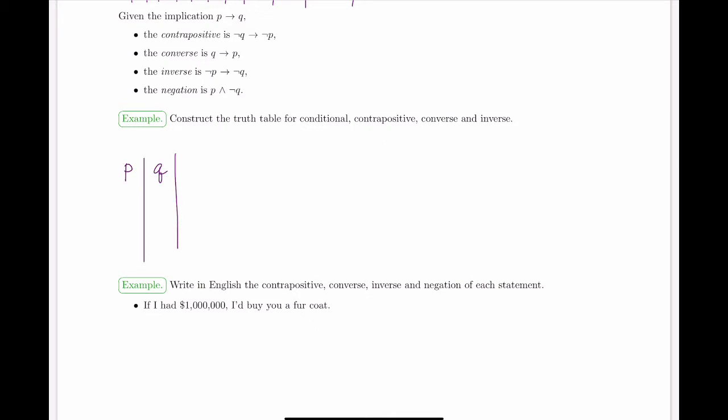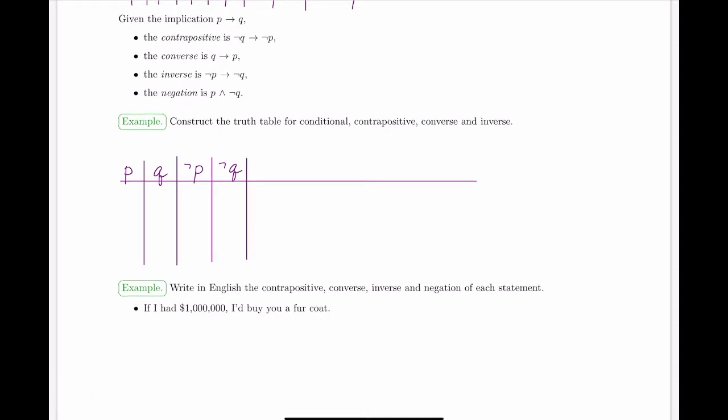And then they also all involve the implication, but before we get to the implication, I've got to notice that there are nots on some of them. So I'm going to have a column for not P, a column for not Q, and then I'm going to proceed in the order that I was given. No particular order.